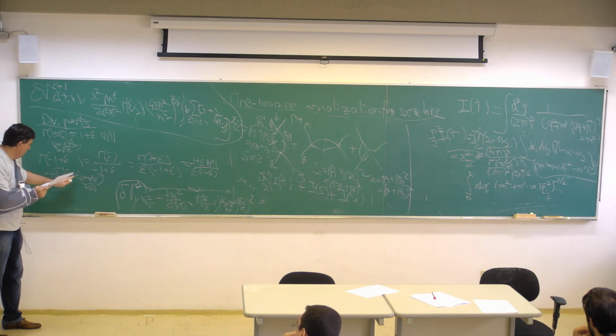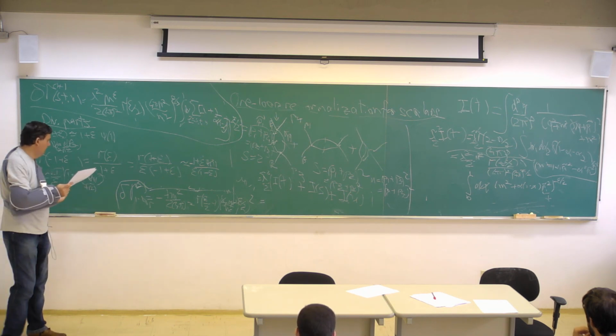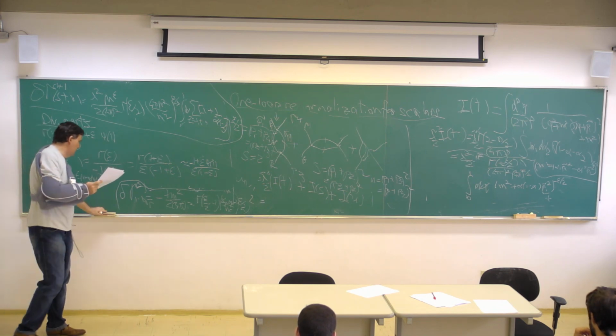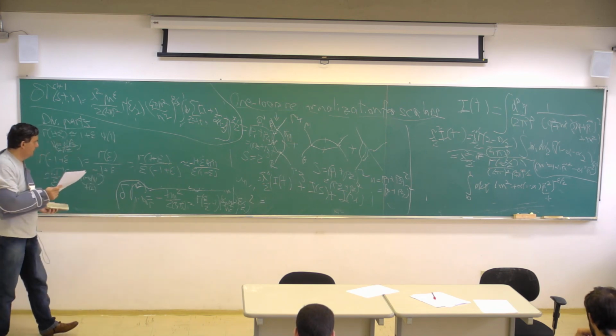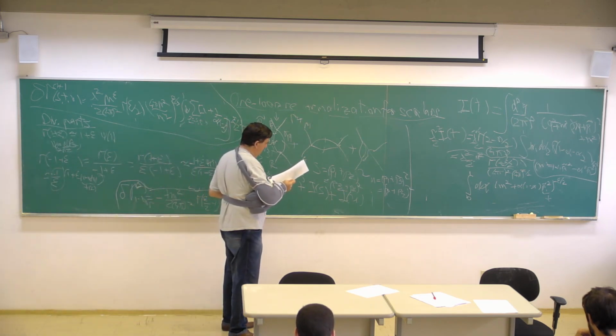Now, this is 1 over epsilon times epsilon, so this will be a finite part. So now we have to be careful when I do these kinds of expansions to separate the divergent parts and the finite parts. All right.